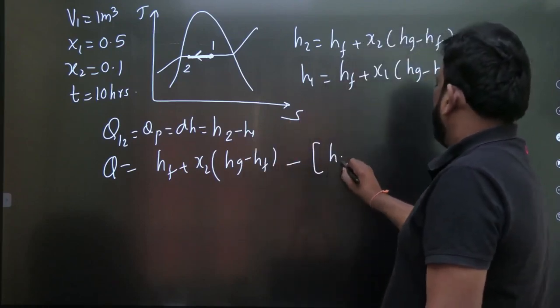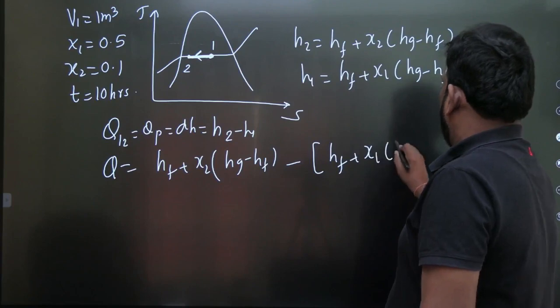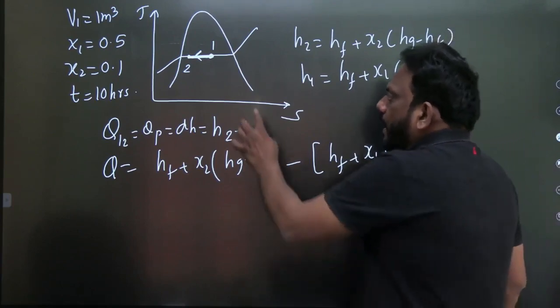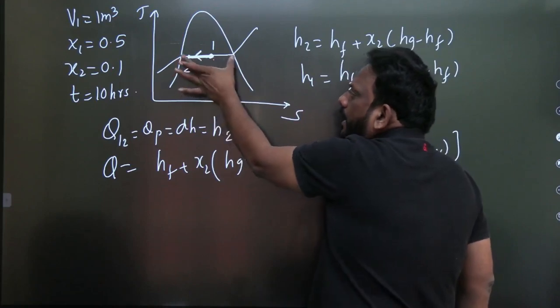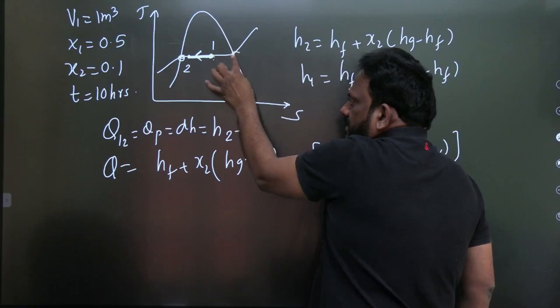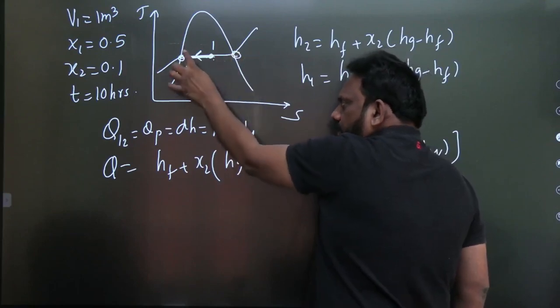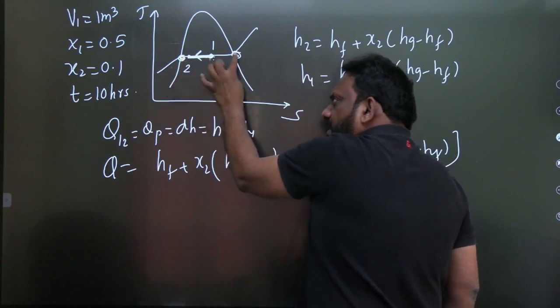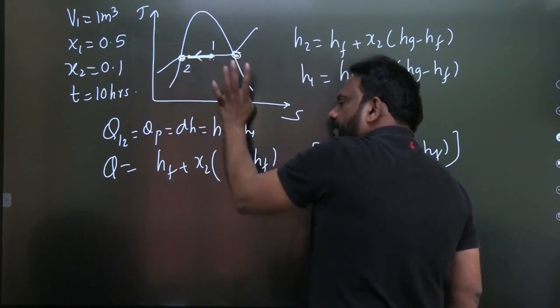What is H1? Hf plus X1 into Hg minus Hf. Please look carefully. As 1 and 2 are at the same pressure, for 1 this is F, for 1 this is G, similarly for 2 this is F, and for 2 it is G. So for 1 and 2, my F and G, that is saturated liquid and saturated vapor, are the same.